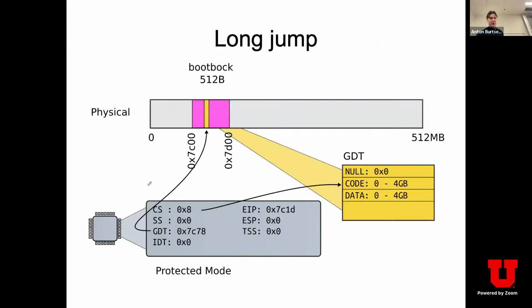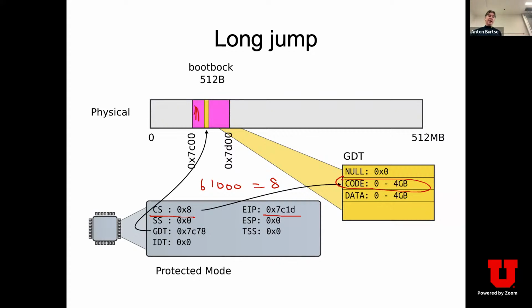Okay, got it. So now our system looks like this. Our code segment here has entry 8, because if you shift 1 by 3, binary 1 0 0 0 equals 8, right? And the code segment points to this entry, and the instruction pointer is 7C1D, because we executed a couple of instructions here.